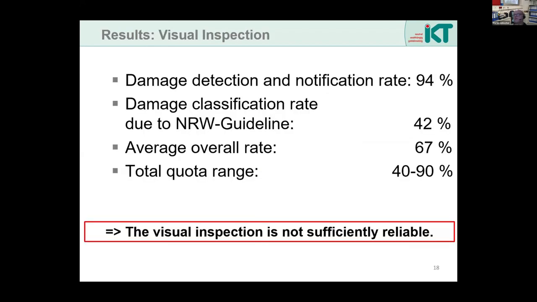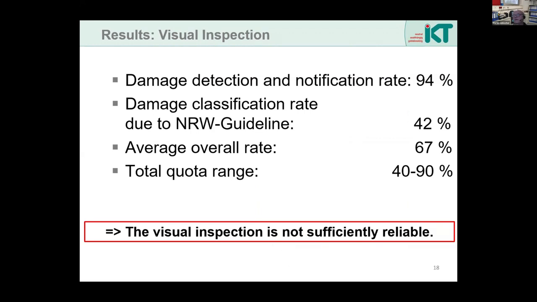Yes, the results of the visual inspection. This was very interesting. Overall, the damages were recognized. That was not the problem, but we also had a look at the classification rate due to the NRW guideline. And there we have a very poor classification rate due to this guideline.